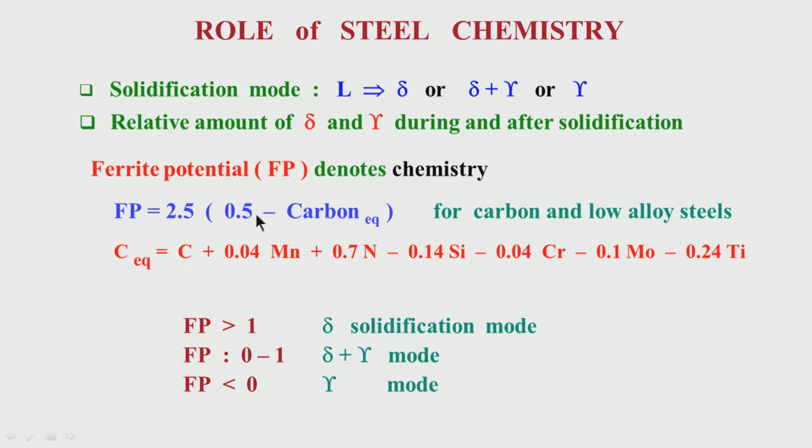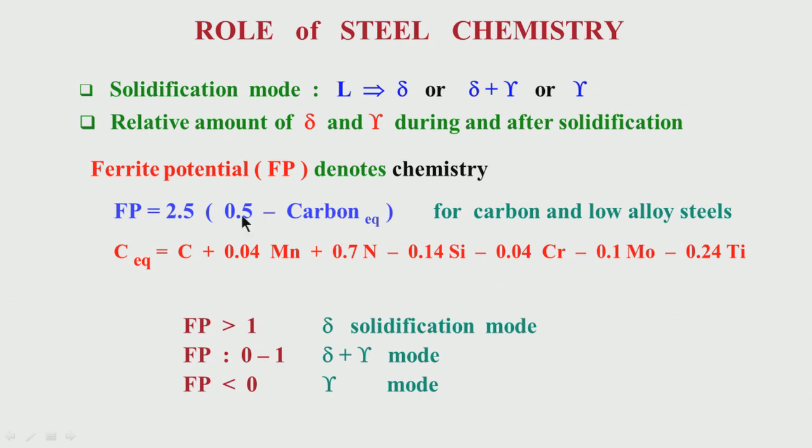Say 0.05% carbon. So, 0.5 minus 0.05 basically means 0.45. So, 0.45 into 2.5 is more than 1. So, when ferrite potential is more than 1, this indicates it is delta solidification. That means, for any carbon or carbon equivalent less than 0.1, we have delta solidification mode. So, let us take a carbon equivalent of 0.5.